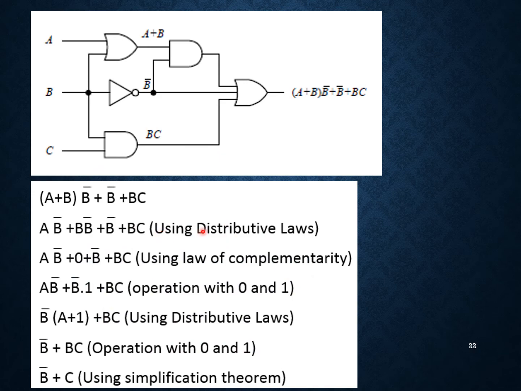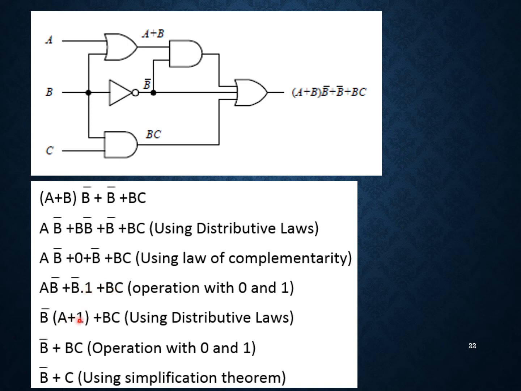Now using distributive law, we can simplify this equation as this. Then B dot B bar equal to 0 using law of complementarity. Now we can write B bar as B bar dot 1. Now we can join these two terms using distributive law.